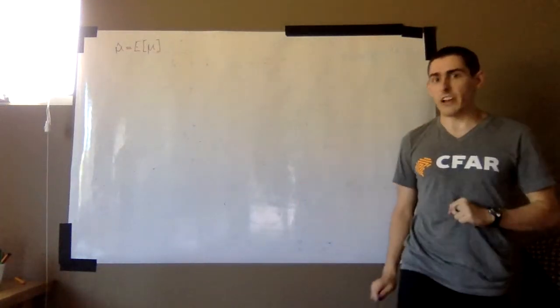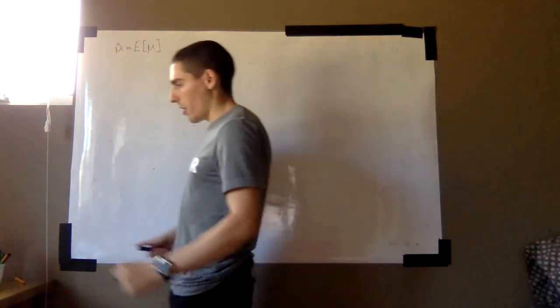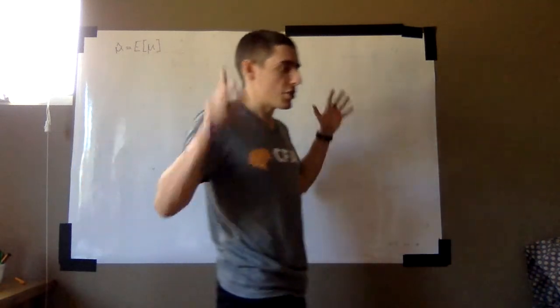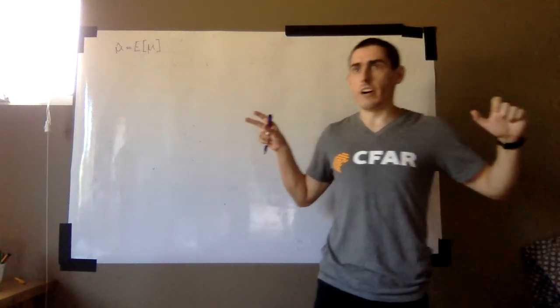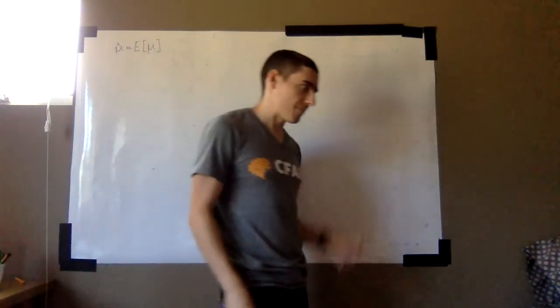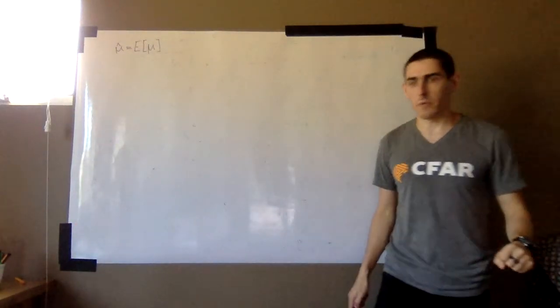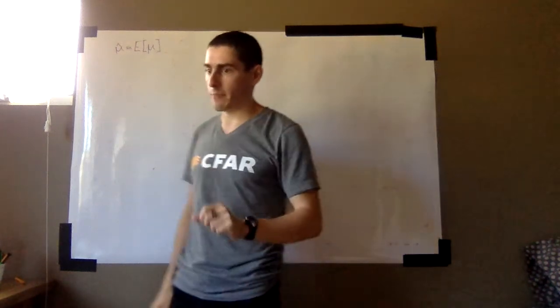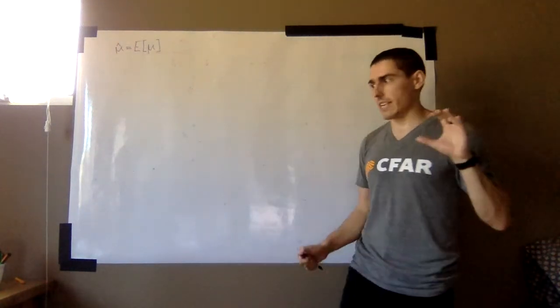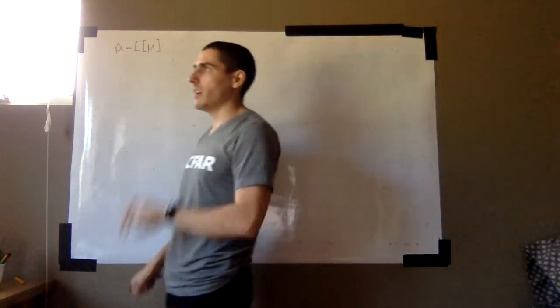But we want to know what the variance is. So that's to say, suppose that we took a bunch of mu hats. So we took a sample over and over again. In the limit, suppose we took infinite samples of size n, and we took the mean for each one.